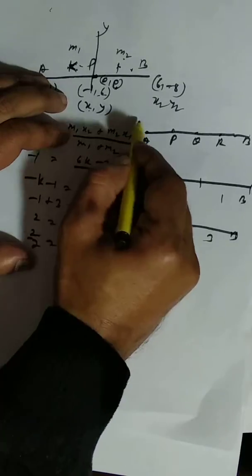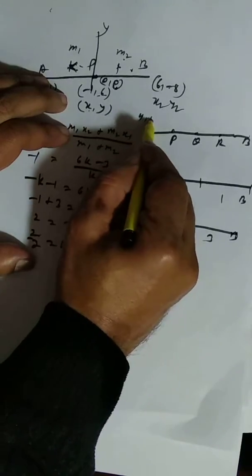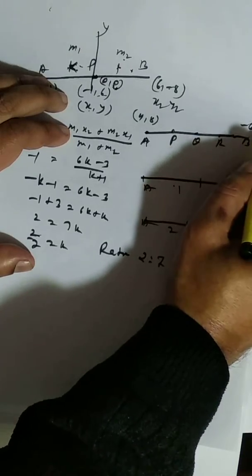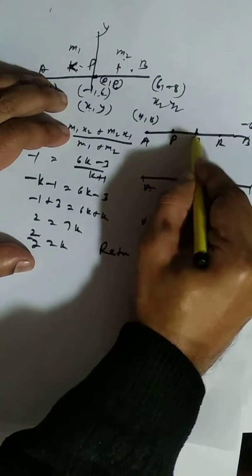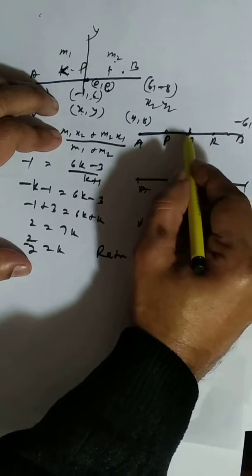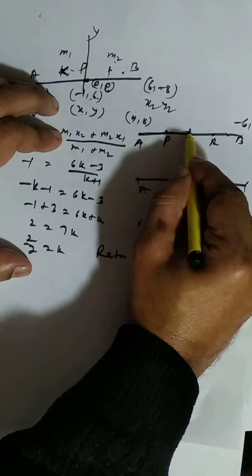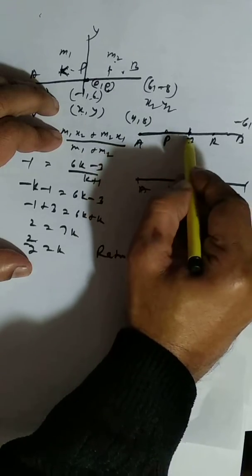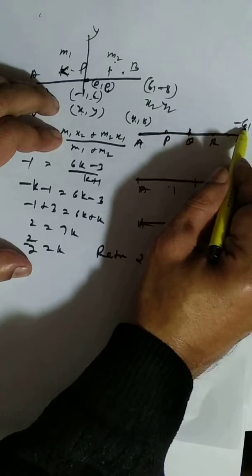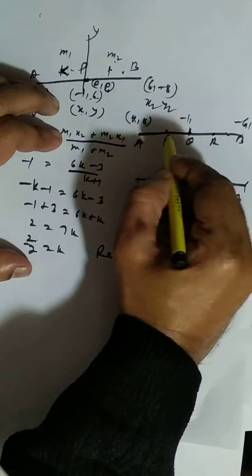So the coordinates of A and B will be given, say for example (4, 8) and (-6, 8). Then Q will be the midpoint because 2 parts this side, 2 parts this side. So using the midpoint you can find this. Can you do it orally? X is x1 plus x2 upon 2. So 4 minus 6 upon 2, that is minus 1.